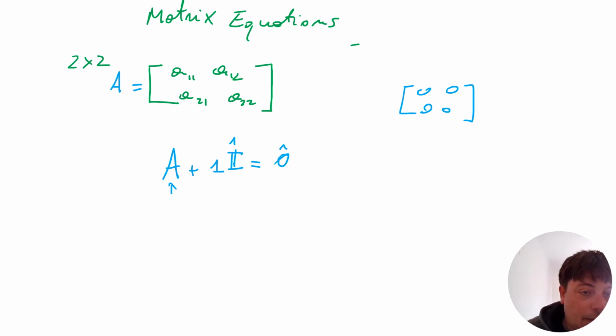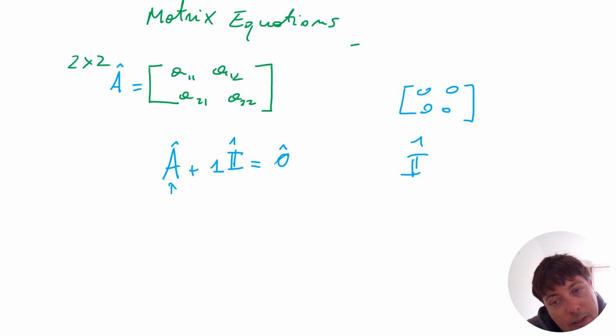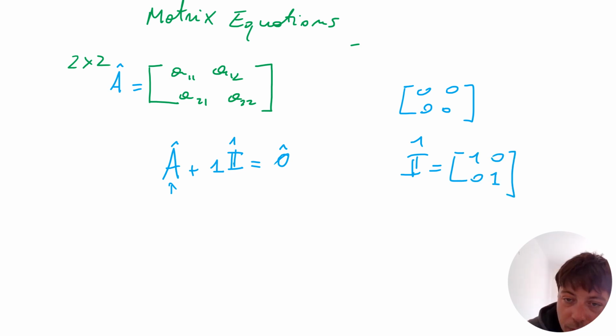Let's put a hat. Hat means matrix in this case. So hat A plus 1 identity, and let's remember what an identity is. The identity matrix is 1, 0, 0, 1. You see, it's almost like a 1 for vectors, and the 0 matrix is 0, 0, 0, 0. Okay, good.